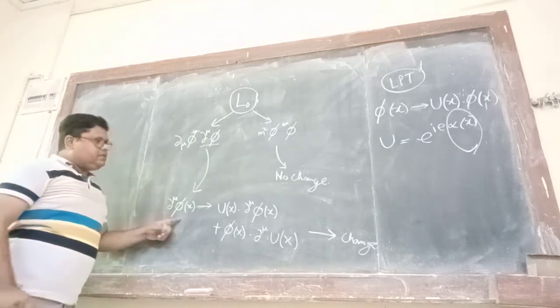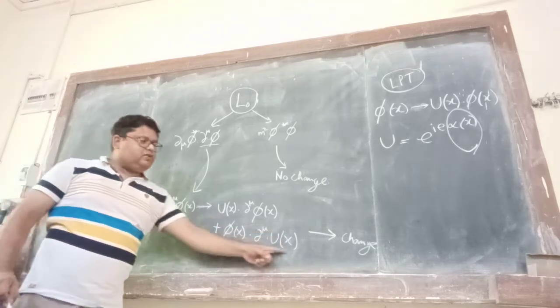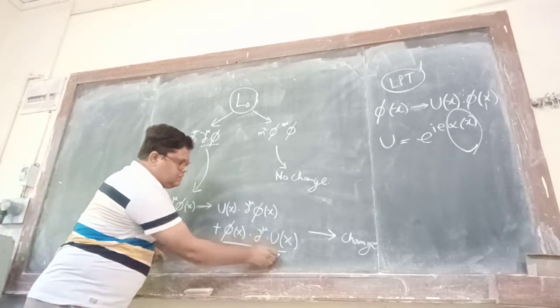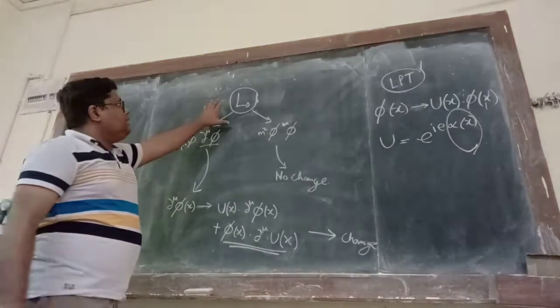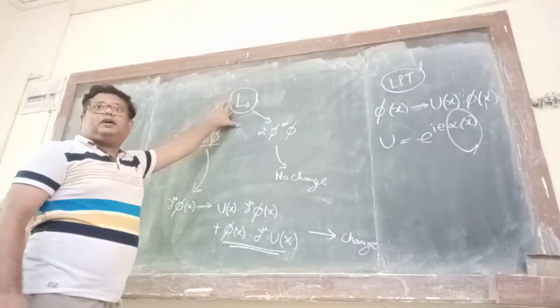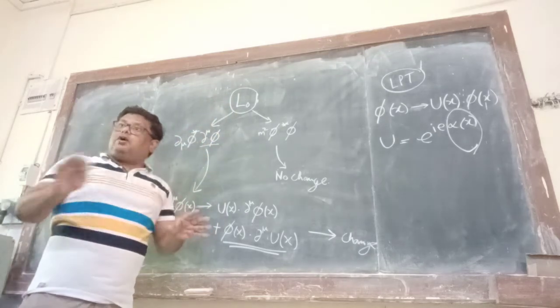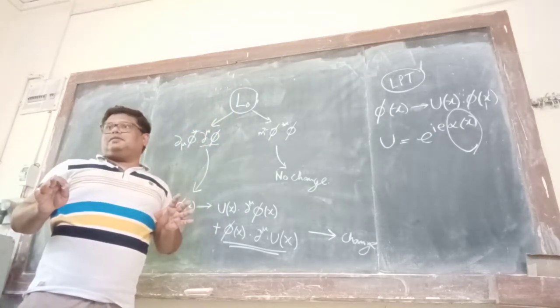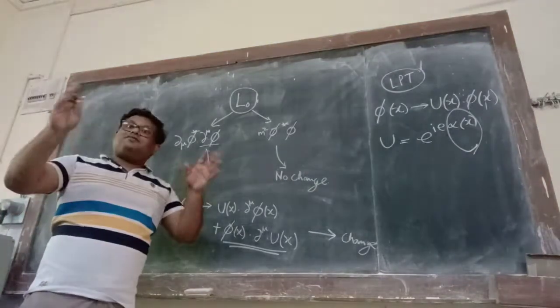You see how it changes. So you see there is an additional term because of this. So this is the additional term. So what does this mean? This means that the Lagrangian density of the complex scalar field now is not invariant under local phase transformation.